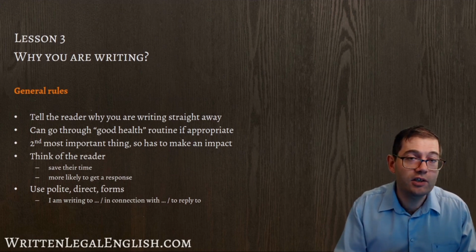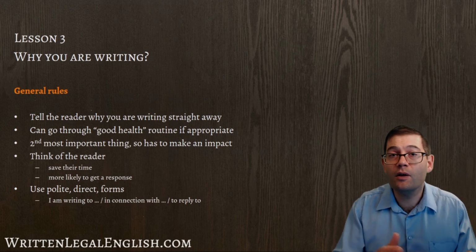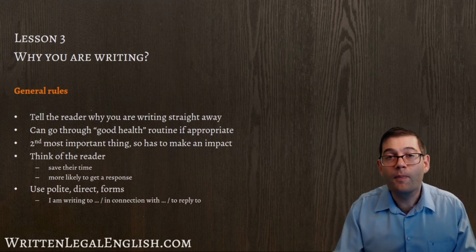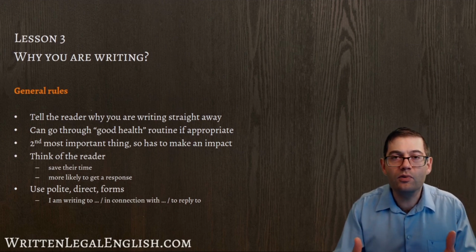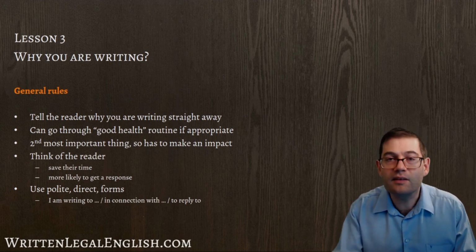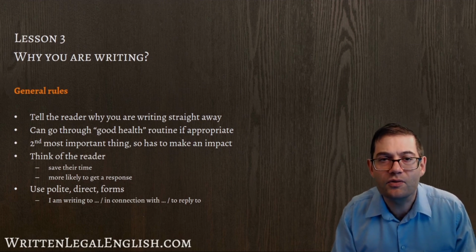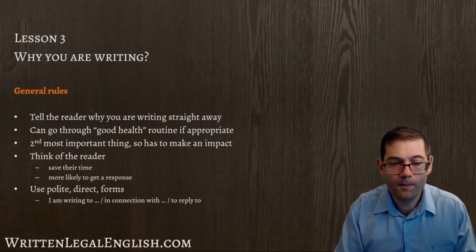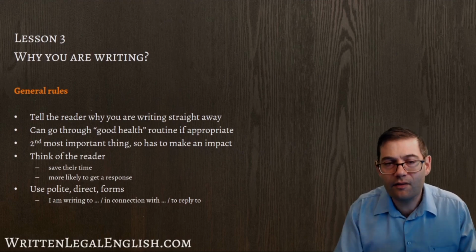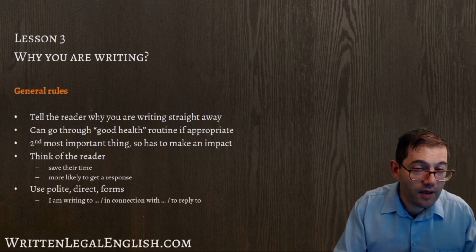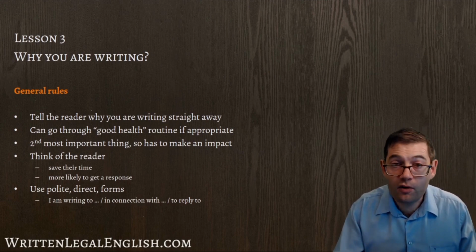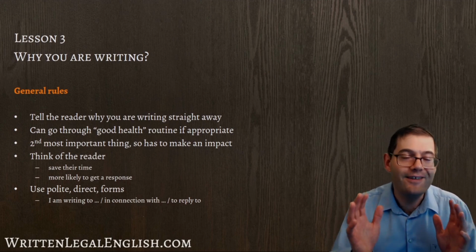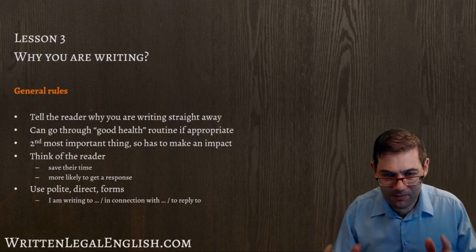If someone writes to you and they say, hi Simon, I'm writing because, then straight away you're more likely to go, okay, I can deal with that, and respond to the person who wrote to you. Use polite, direct forms, but don't be afraid of using the same form over and over again. There is no real problem with this.